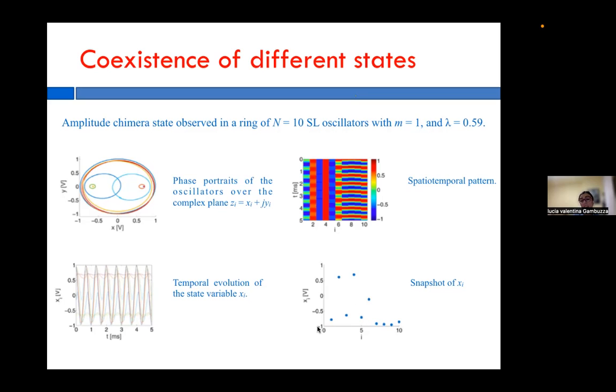We have a small number of units, so the snapshot of the x variable is not representative of the state, but looking at the spatiotemporal pattern, we can clearly identify the two domains in our system. In this case, we are considering just a ring, so we have m equal to 1.